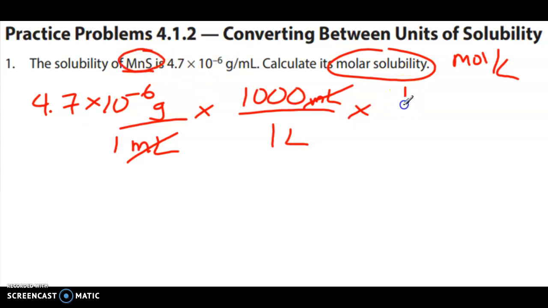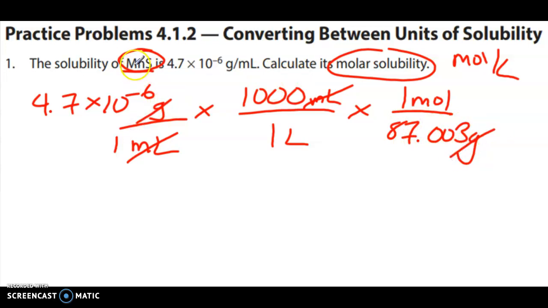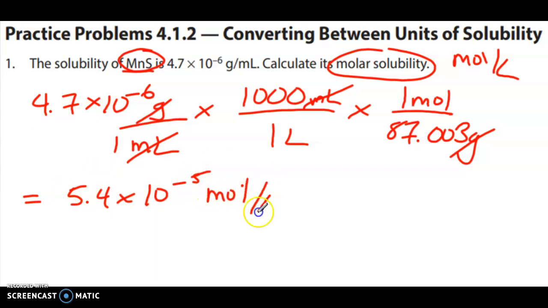So for every 1 mole, it is going to be 87.003 grams. So again, that's manganese plus a sulfur. So we end up getting units of moles per liter. So if we calculate this out, we have 5.4 times 10 to the negative 5 moles per liter.